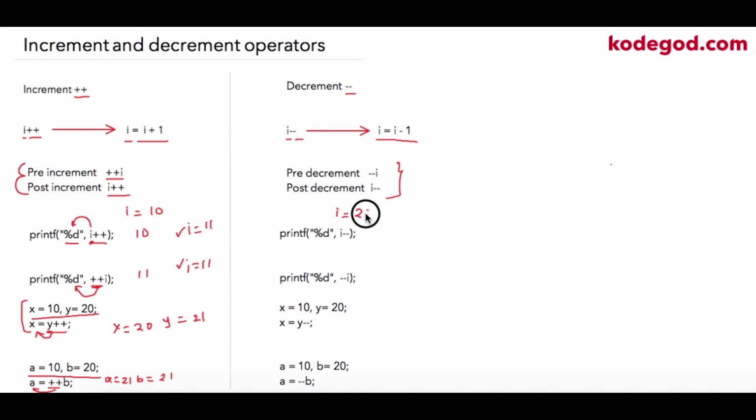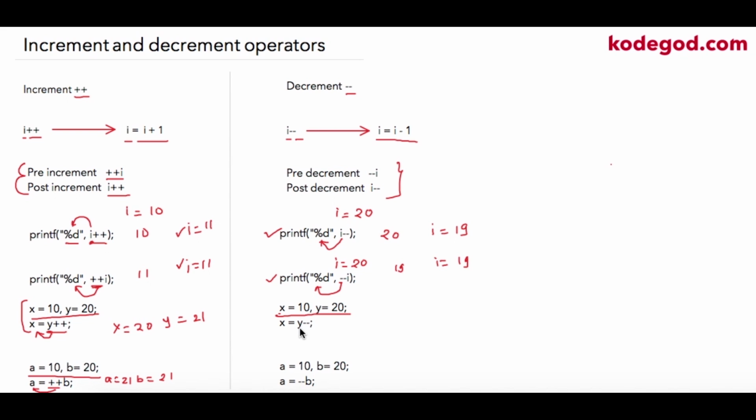Suppose I am using I equal to 20. While executing this, current value of I will be printed, that is 20, and I will be decremented to 19. Now again, assuming I equal to 20, while executing this statement, decremented value of I will be printed, that is 19, and I will become 19. Another example, I am using two variables x equal to 10, y equal to 20.